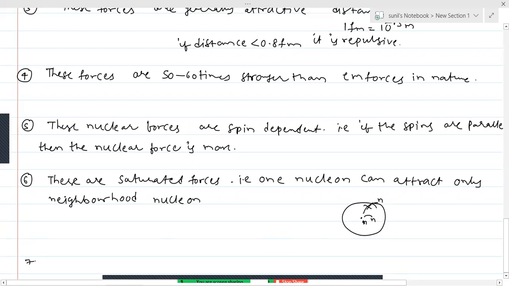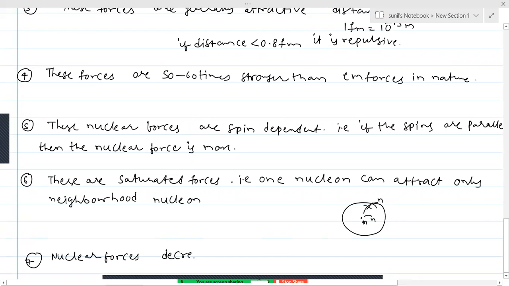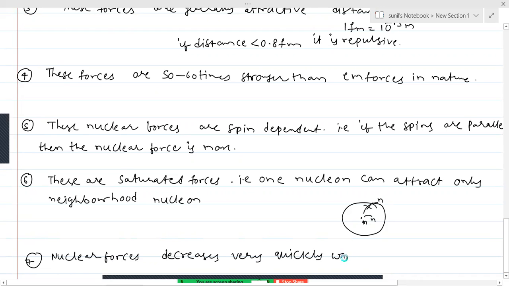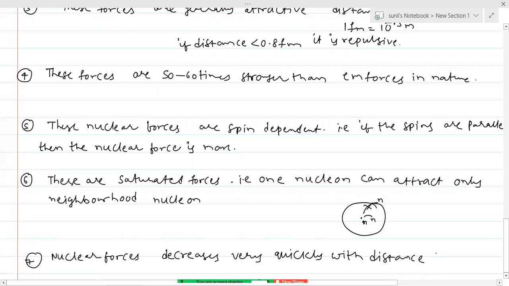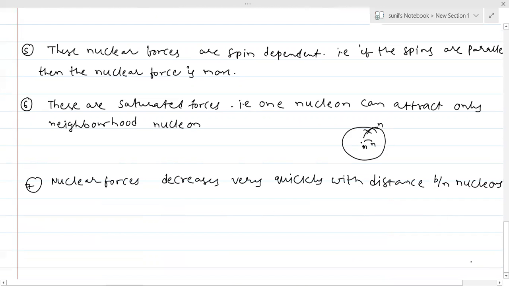And next we are taking nuclear forces. These nuclear forces decrease very quickly with the distance between the nucleons.